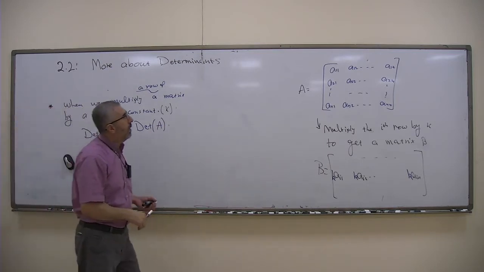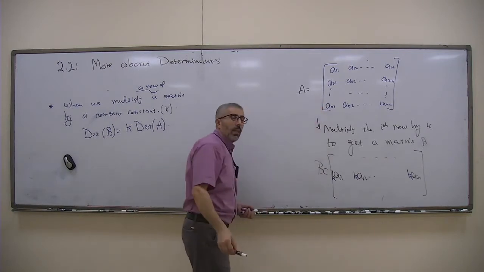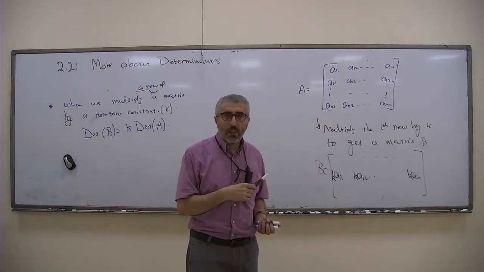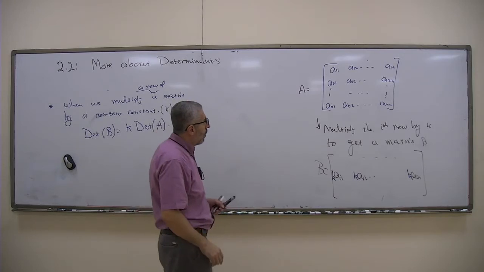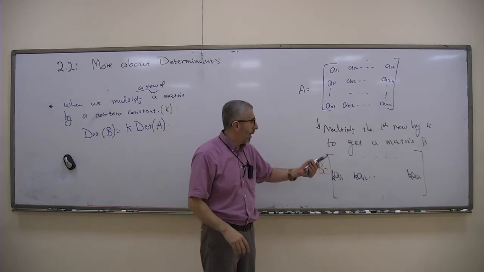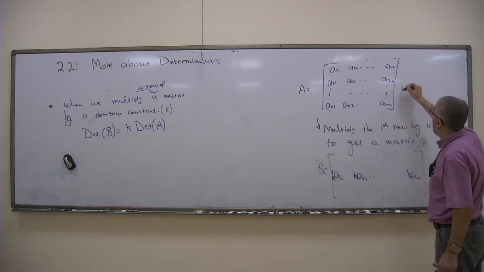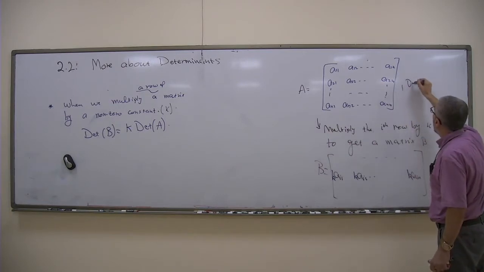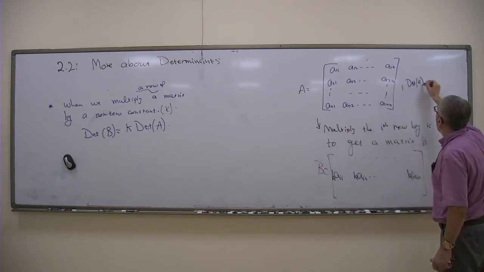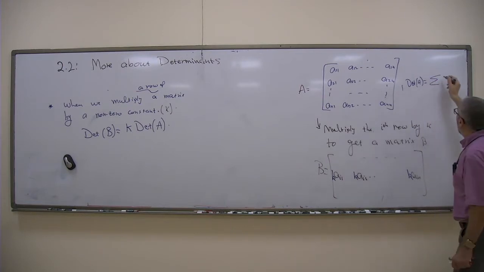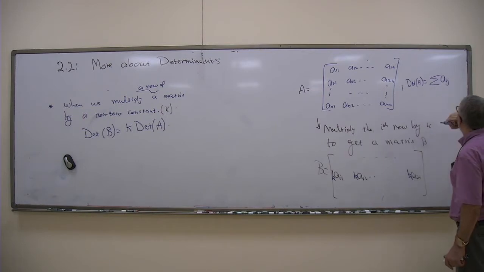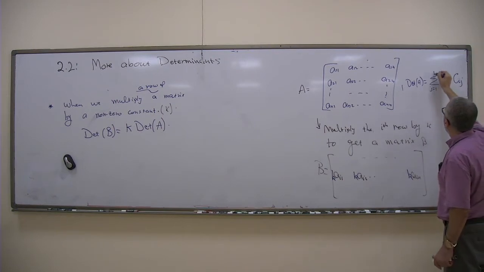Well, using the formula that we found from the cofactors, you can use this row to write your formula, correct? If you want to verify this, the verification is easy because determinant A here is going to be the summation. Do you remember the formula from last time? Sum of a_ij times C_ij, where j is from 1 to n.